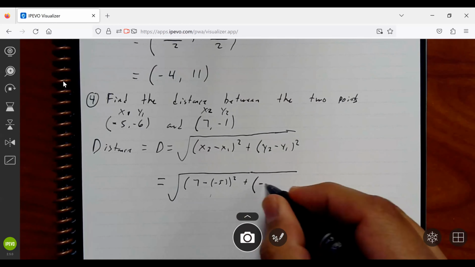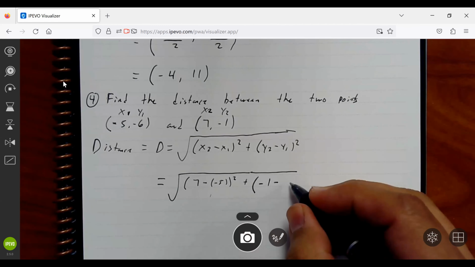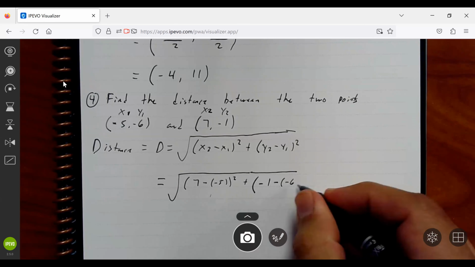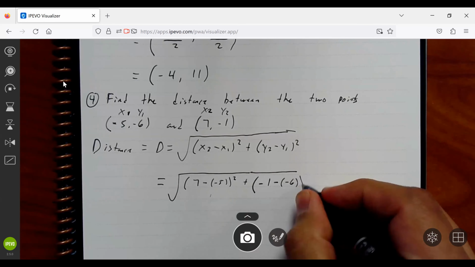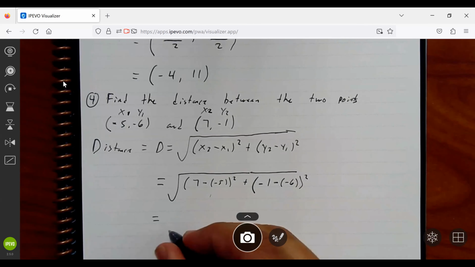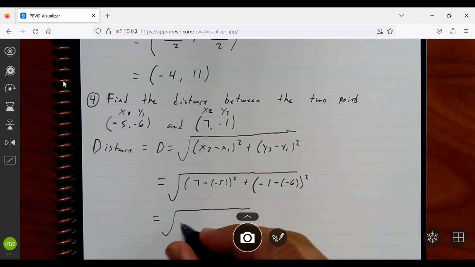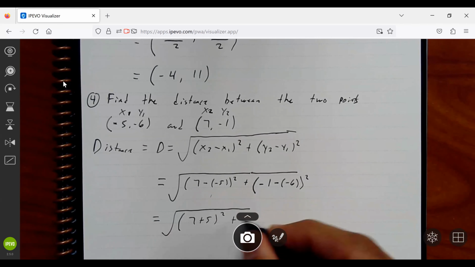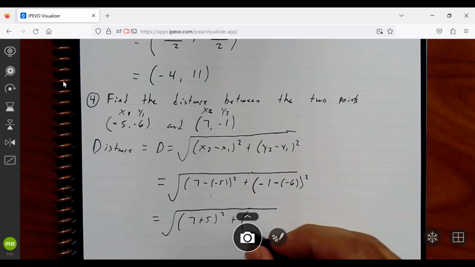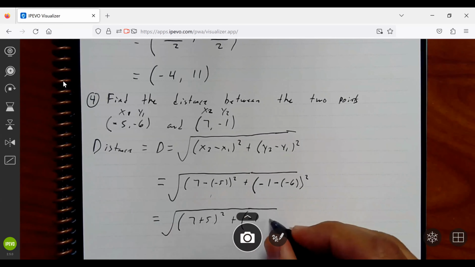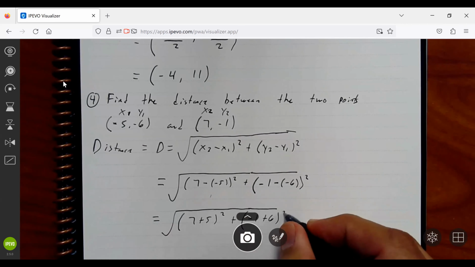Y2 is -1 minus y1, that'll be 7 plus 5 squared plus -1 plus 6 squared.